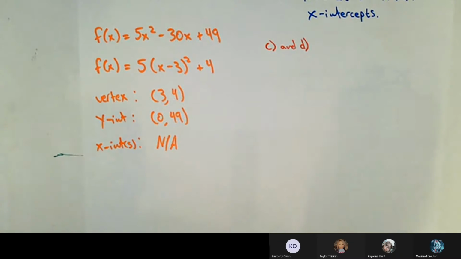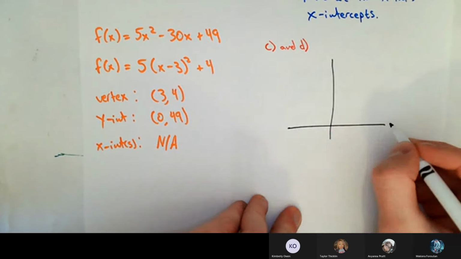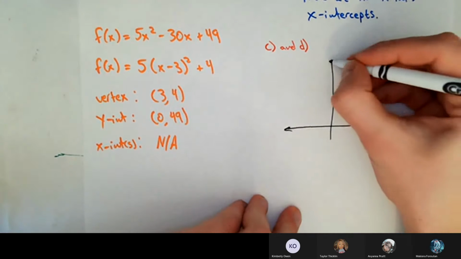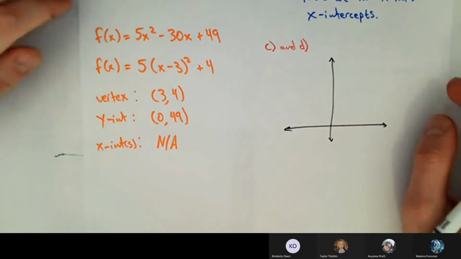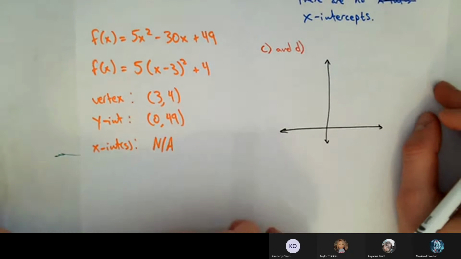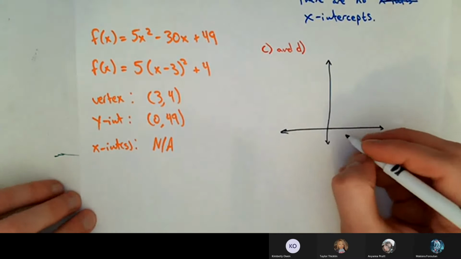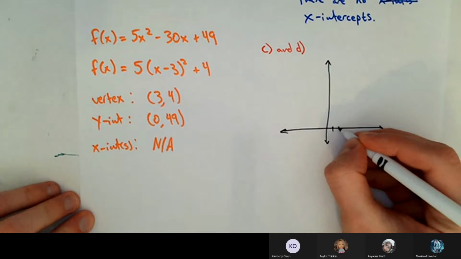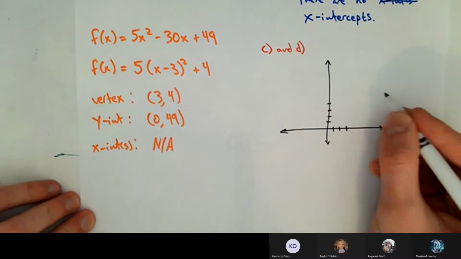Okay, and I'm going to do it right here. If I'm going to sketch a graph, then I need to have a coordinate plane. As you're sketching, you should be thinking about where this parabola is. Well, its vertex is at (3, 4), so I'm definitely going to need to graph (3, 4). That tells me that at least the vertex is over here in the first quadrant.